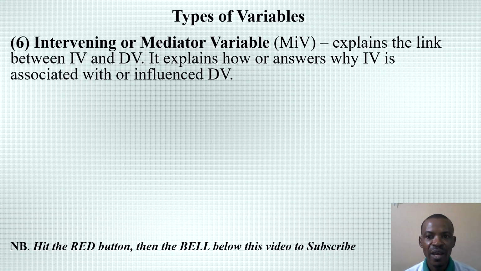It is that variable that explains the relationship, the link, the association between the independent variable and the dependent variable. That means a mediator variable explains how an independent variable is related to the dependent variable, or it answers the question, why does an independent variable influence a dependent variable?